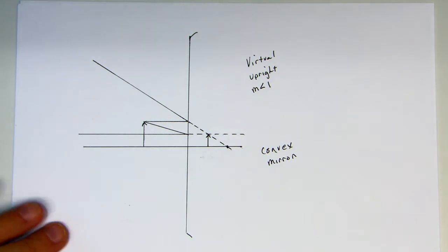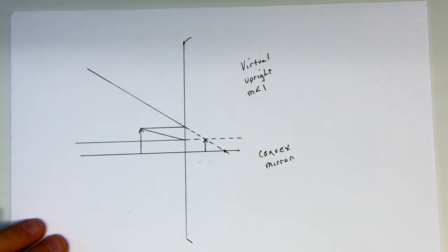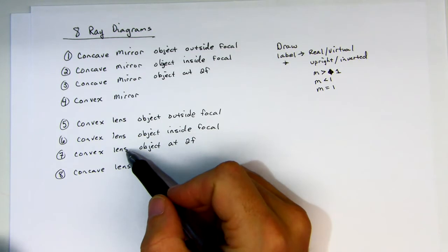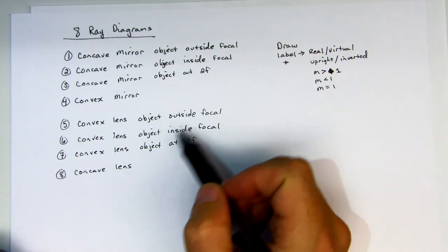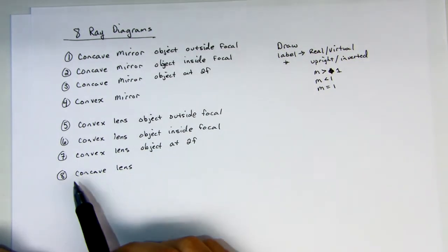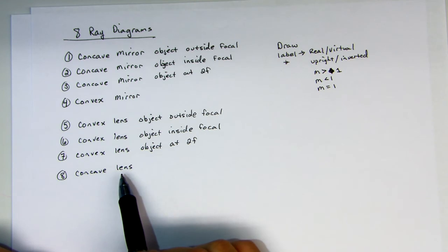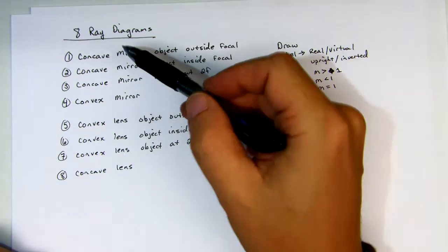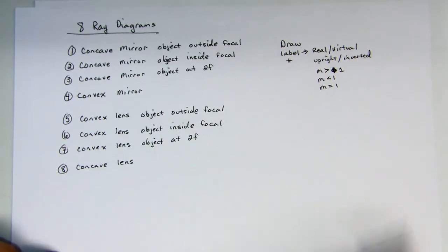Okay, so now we're going to talk about lenses. And lenses are kind of the inverse of the mirrors. So we have 3 convex lenses: object outside, object inside, and object at 2F. And then we also have a concave lens, which is kind of the opposite of what the mirrors are.